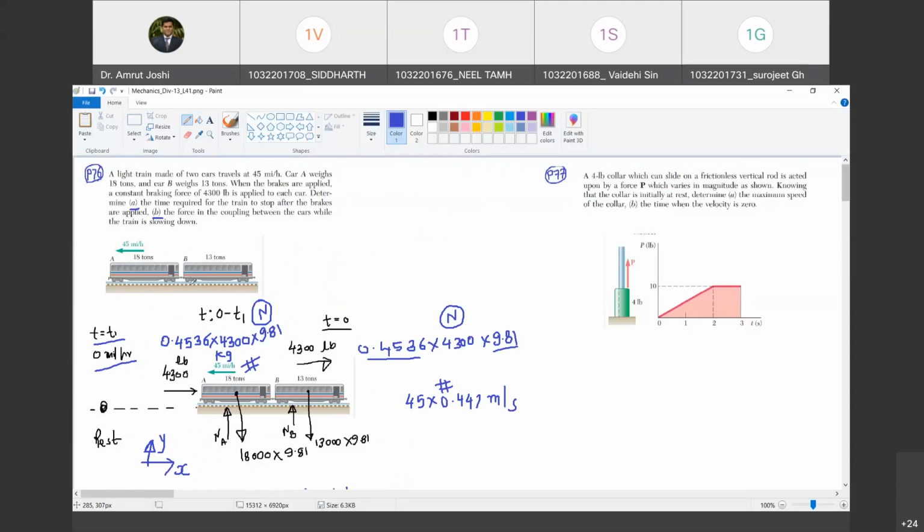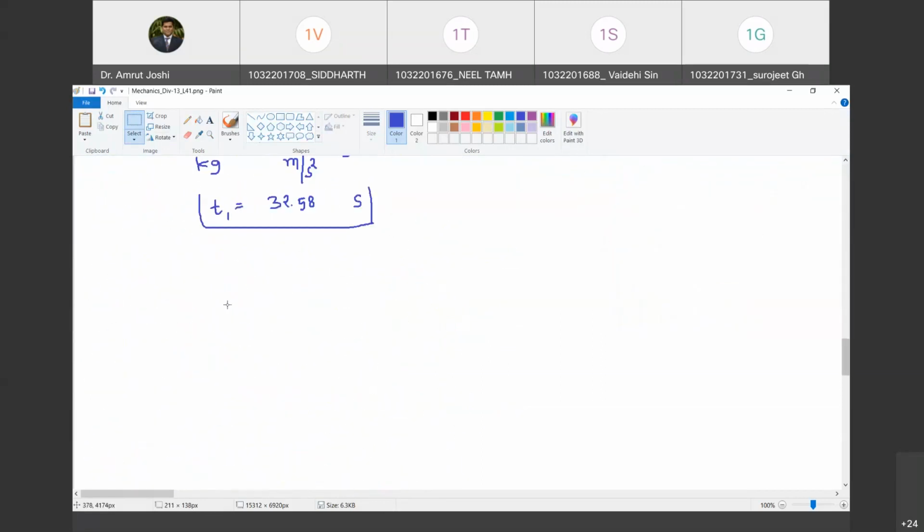Now I will have to apply the impulse momentum principle to one of the bogies, either the 18-ton bogie or the 13-ton bogie. Are you with me? And I choose the 18-ton bogie. Let us say I am applying the impulse momentum principle to this bogie. So that I have shown.